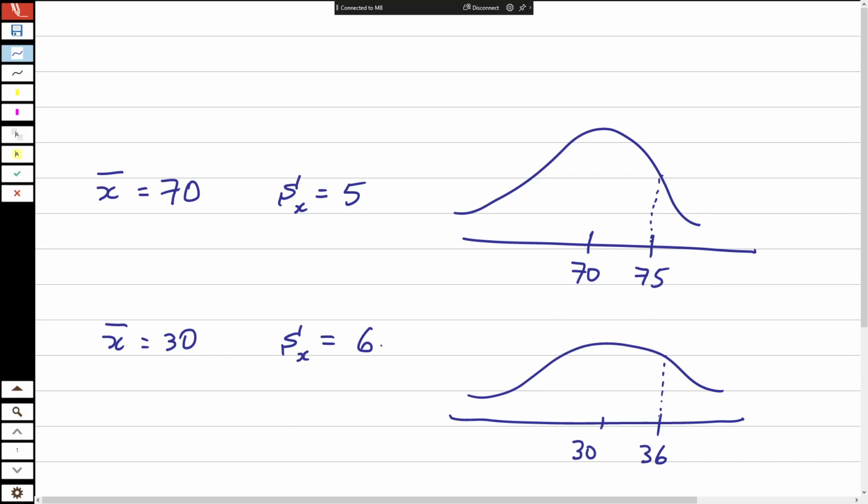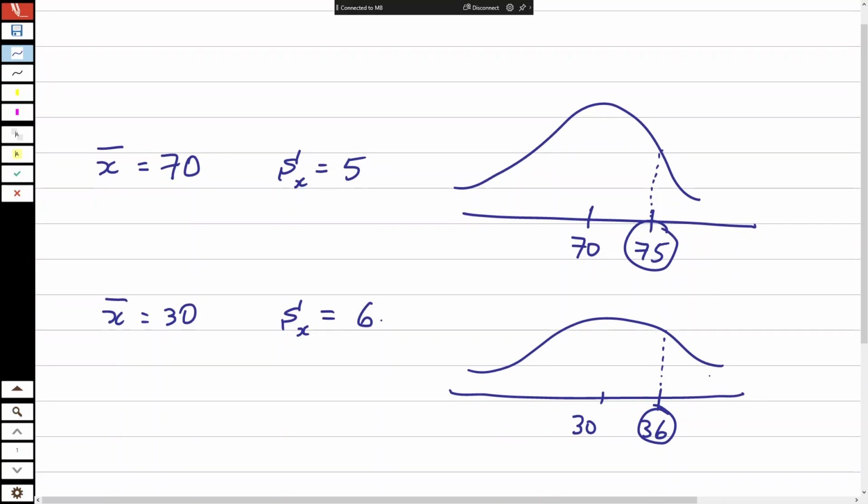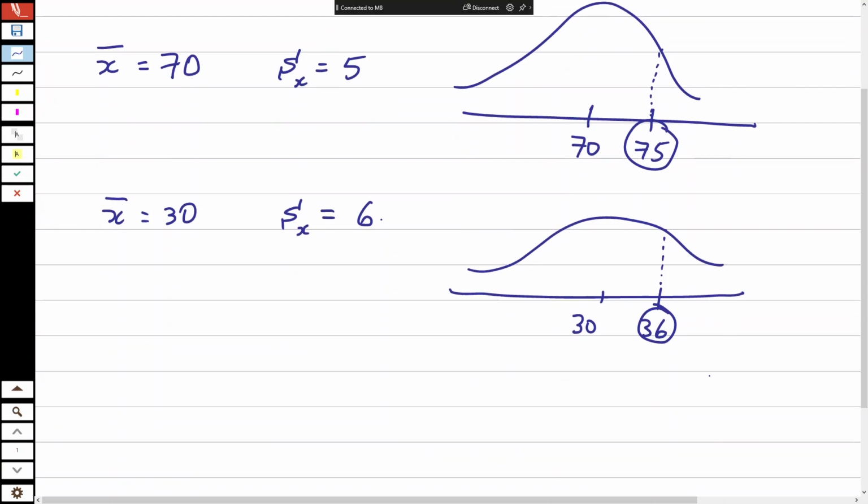So even though these two distributions are the same, I want to be able to say these two are similar somehow. So the way we're going to do this is I'm going to convert everything to the same normal distribution with this will eventually make sense. It might not make sense initially.